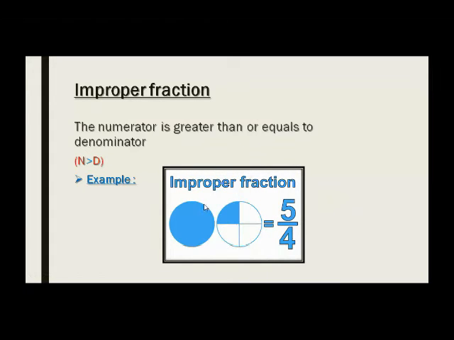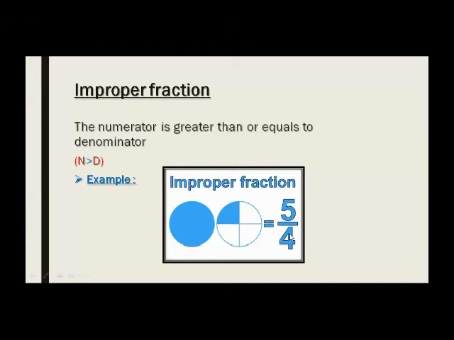Now, this is an example of an improper fraction. Here we are dividing one whole, and this is 5 upon 4: 1, 2, 3, 4, 5 upon 4. 5 parts are shaded. So in 5 upon 4, 5 is greater than the denominator 4, so the numerator is greater.